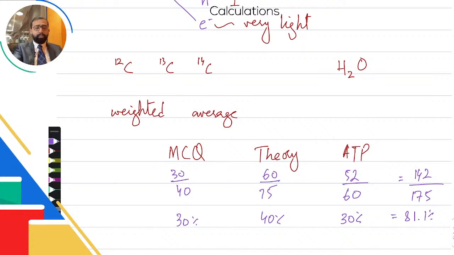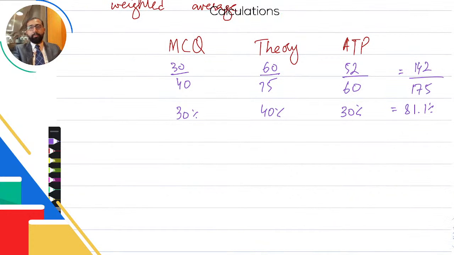So now you can't just say, oh, it's 81.1%, because 81.1% is out of 175. What we have over here is not that. What we have is basically a percentage thing. We have to calculate the weightage of every paper. So how do you do it? You just take 30 over 40 for the MCQ, multiply by 30%, because that's its weight.